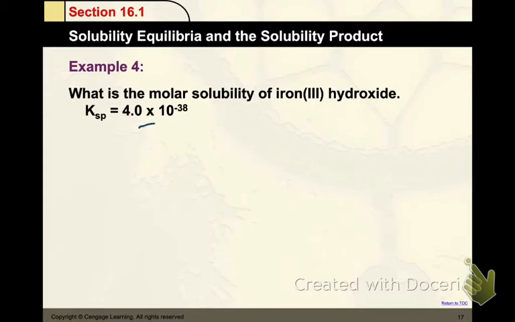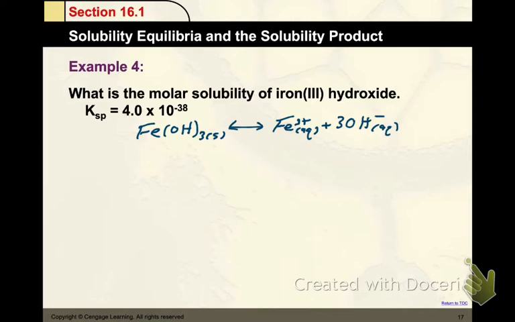So what do we have? We've got Fe(OH)3 solid in equilibrium with Fe3+ and 3 OH minus. All right, well, assuming this is in water, which most likely it is unless something is said otherwise, what's different about this versus any of the other things?